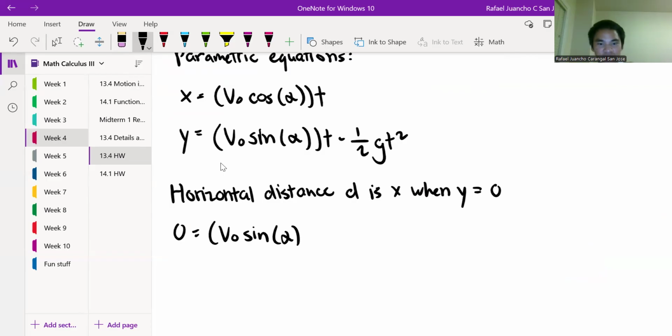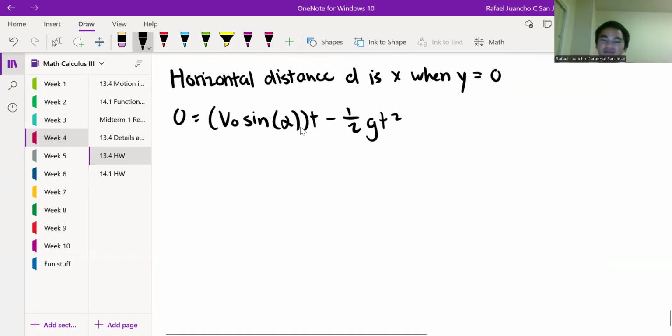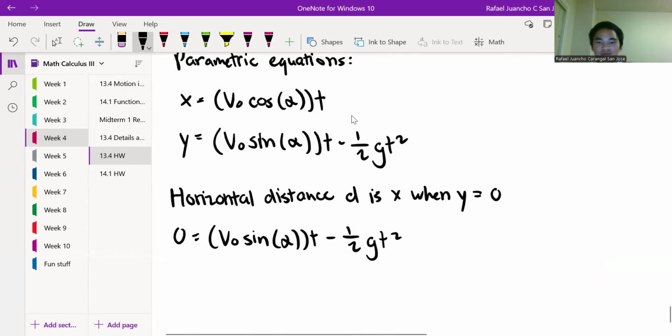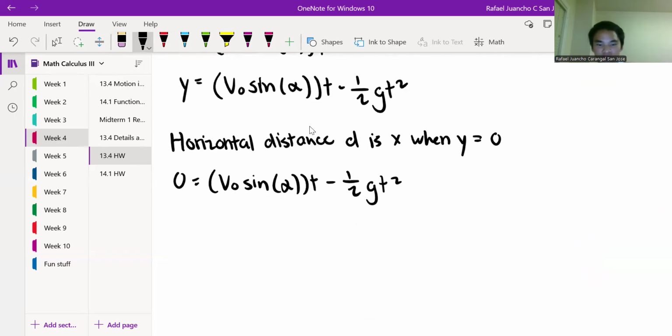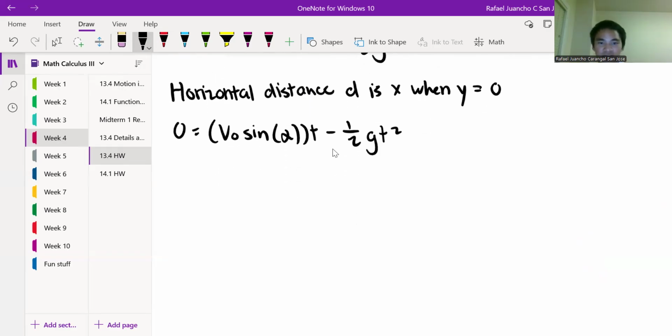I'll put complete solutions maybe. Here I'm trying to find the value of t. Yes, I can just plug this in, make it a 0. So t could be 0. What else can we do?